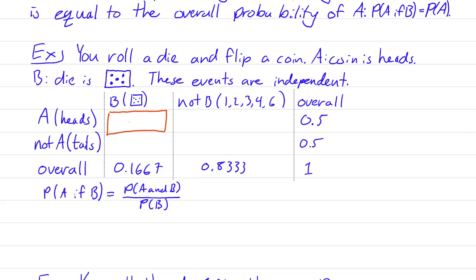And because these are independent, I know that the probability of A if B is going to be the same as the probability of A, right? Which is equal to 0.5.